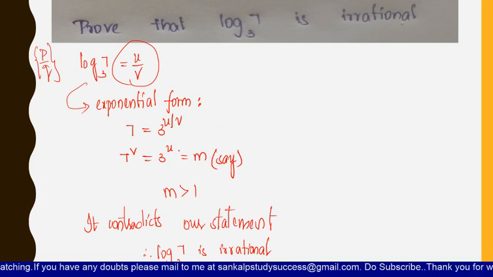And here m is greater than 1, which can be expressed as a product of primes in more than two ways. So here you can say that it is not a rational number. That means we have considered it as rational, but here it is not a rational number, so it contradicts our statement, and you can say that log 7 base 3 is irrational. Okay, I think it is clear.